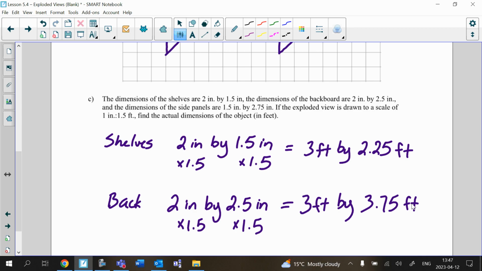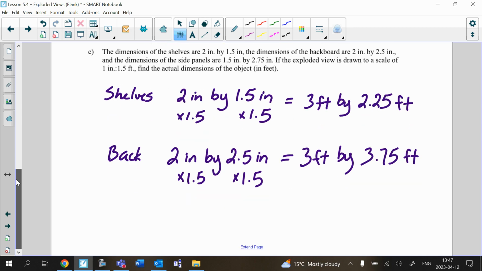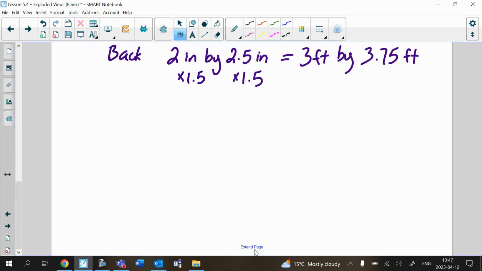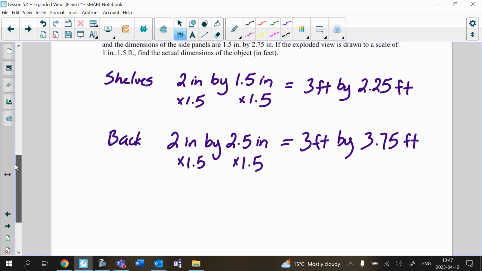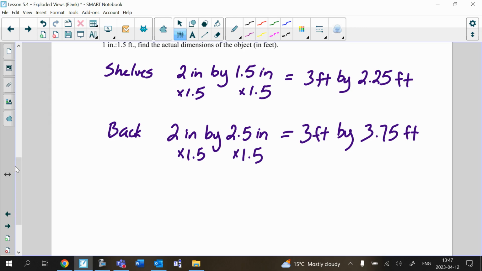And then the side panels. Well, what are the sides on the scale? They are 1.5 by 2.75 inches. To find the actual in feet, I've got to multiply each of those by 1.5.